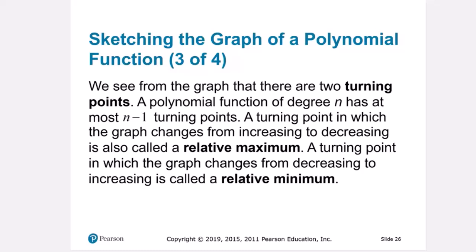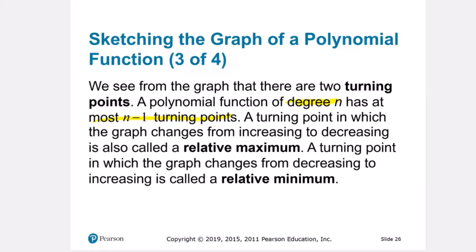It could only turn once, but it can't turn 4 times. That's what that says. If it has degree n, it has at most n minus 1 turning points. But as we saw before, x to the 4th, it still looked like x squared. It only had 1 turning point because it has at most 3 turning points, but it could have less.